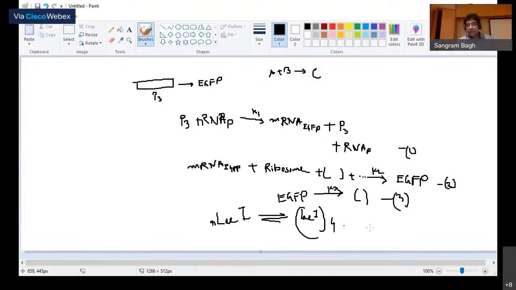Similarly, there is TetR, with equilibrium constants K1 and K2, where n TetR is going to make a complex of TetR. Similarly, you have LuxR, which makes these things. At the very same time, there is another, I'll go through that.